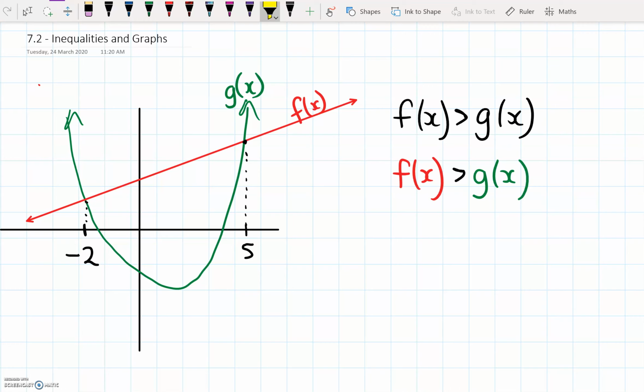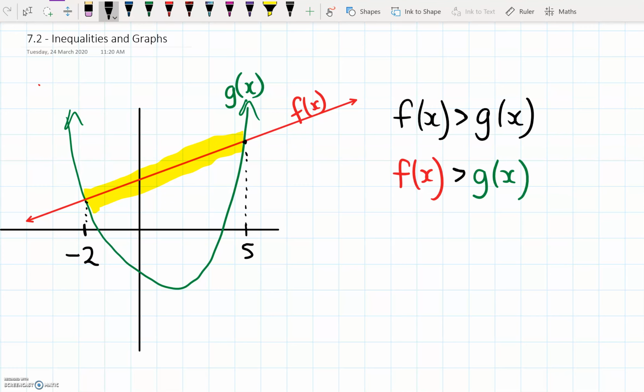You can see in this case that where I am highlighting here, our red line is higher than the green line, and only where I've highlighted. On the outside, the green line continues up at a higher rate than the red line does. So in between -2 and 5, the red line is above the green line.